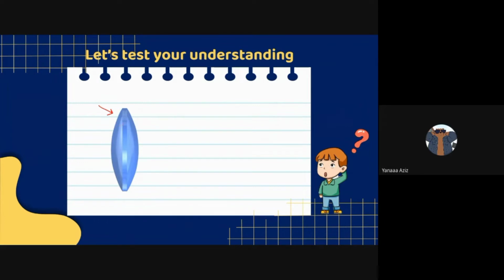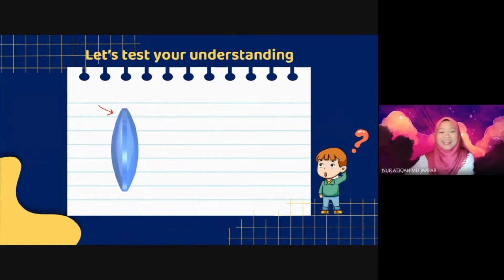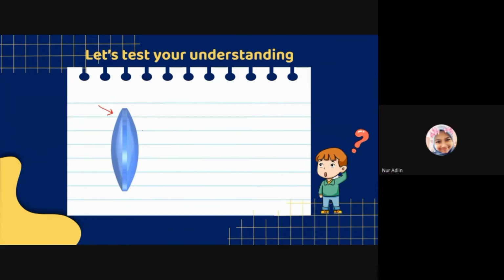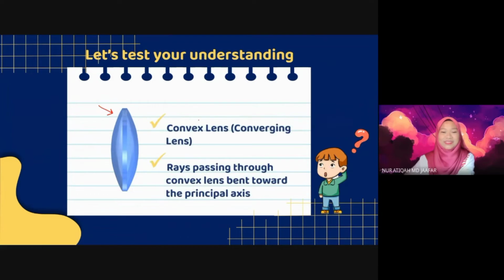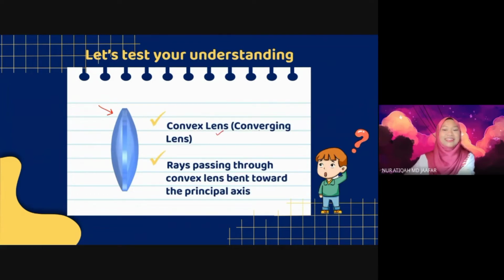And the ray is bent towards the principal axis. Adeline, do you think Liana's answer is correct or not? Yes, correct. Okay, good. This is convex lens, known as converging lens, and rays passing through a convex lens bend toward the principal axis.